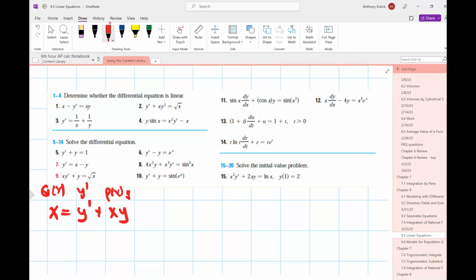All right. How about 3? Can we get it into linear form? Luke, you said no. Why are you dubious? Because if you just made y prime dy dx and then multiplied by 1 over y, it is not linear because you can make it separable. It is not separable.